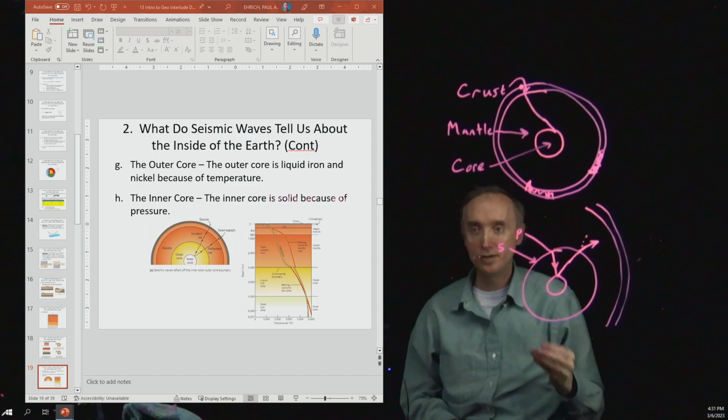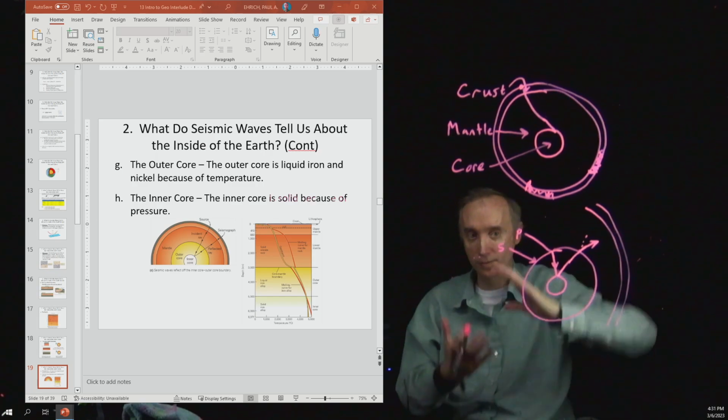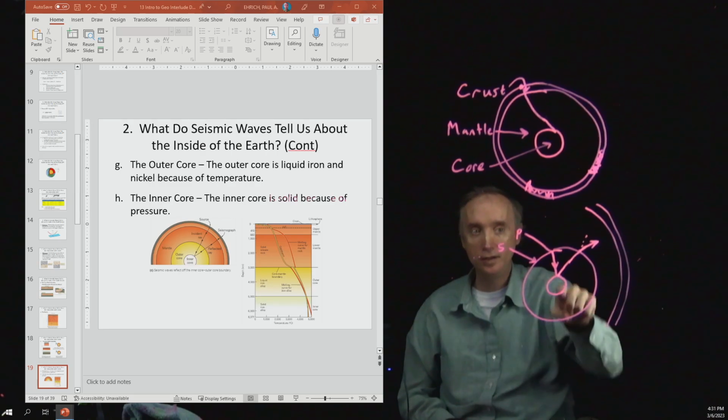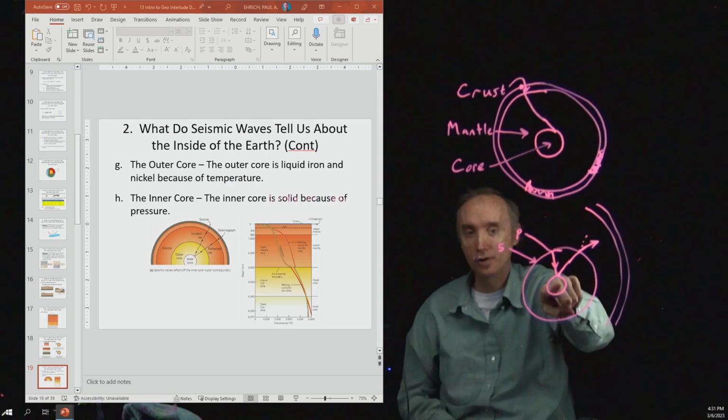Well, it's a competition between pressure and temperature. So the temperature says, I want you to be a liquid. But pressure is saying, oh no you don't, you're going to be a solid, because I'm squeezing you into a solid. So in the inner core, pressure's winning. In the outer core, temperature's winning.